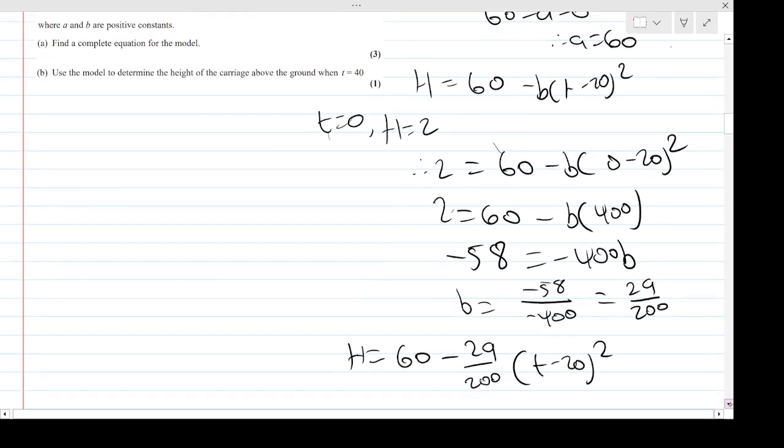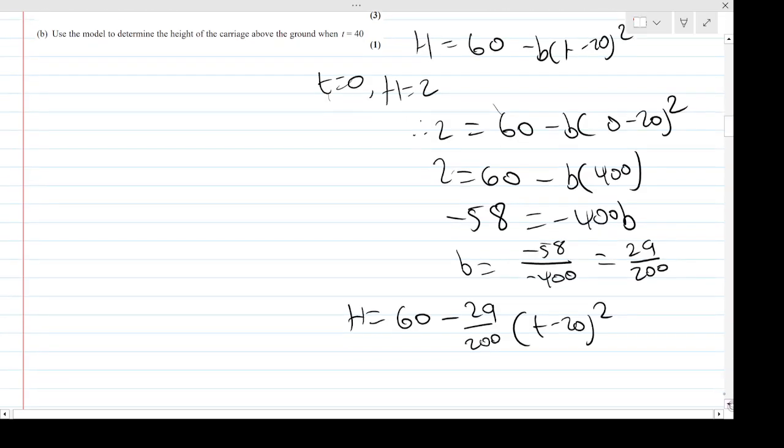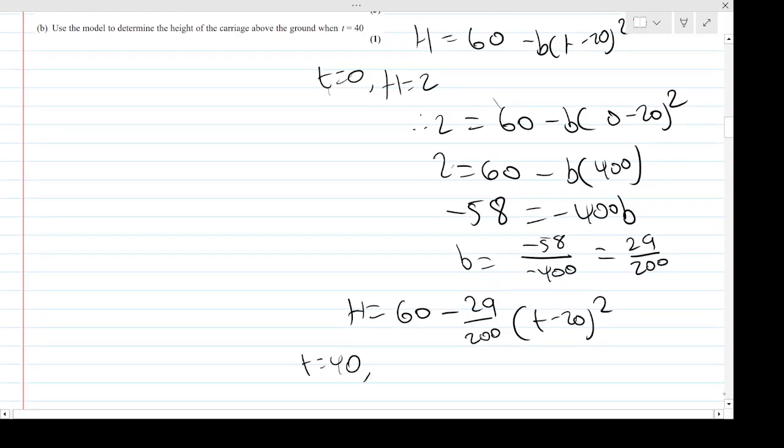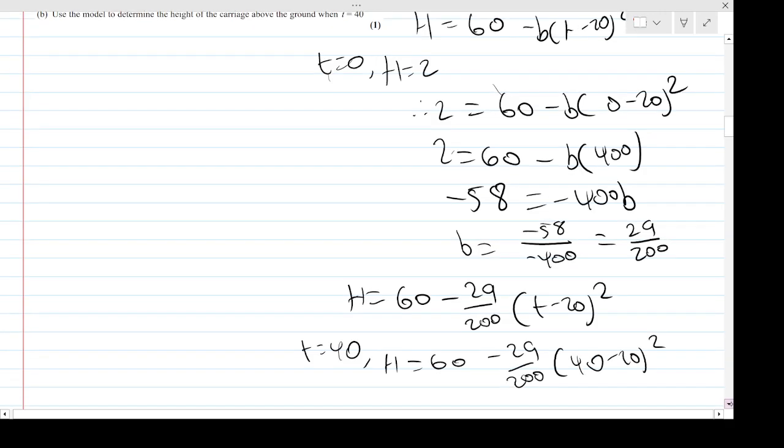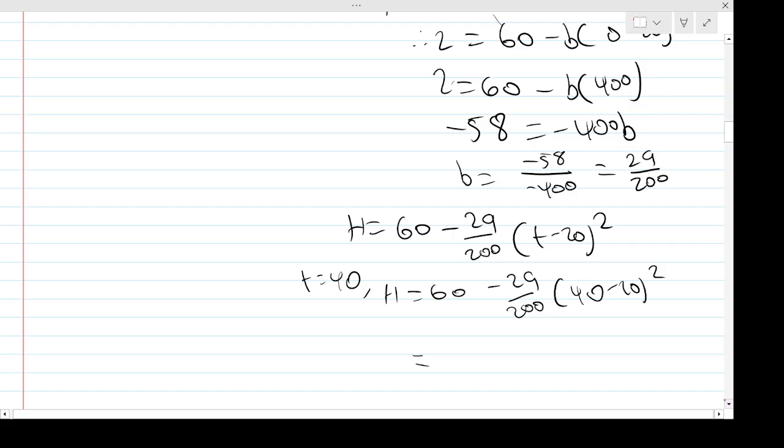So when T is 40, find H. You just substitute that in, so H is going to be 60 minus 29 over 200, lots of 40 minus 20 all squared.